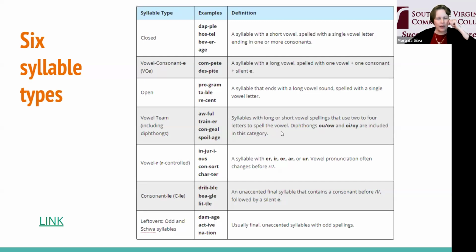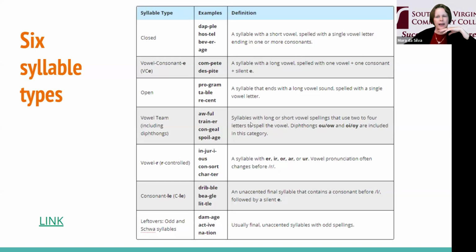Exactly. All right, now we're going to go into vowel teams, including diphthongs, and I'll explain what diphthongs are. All right, so there's a lot of stuff that happened when England was invaded by the French. They brought a lot of vowels with them. So we have a lot of stuff going on with vowel teams.